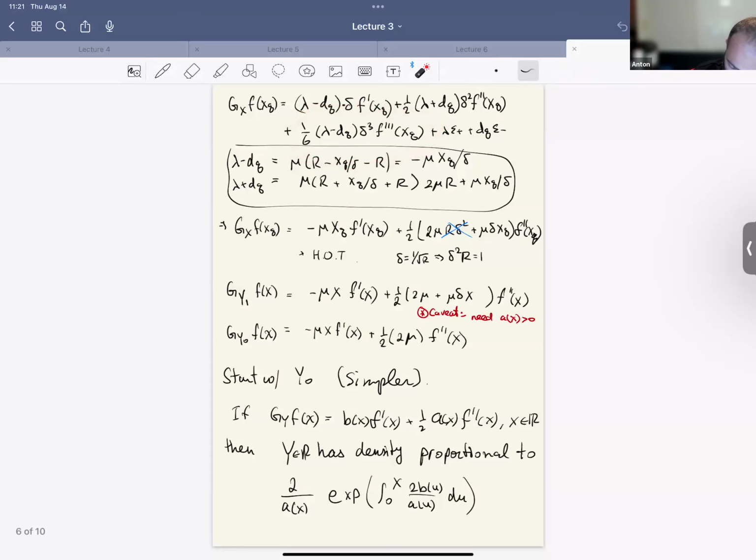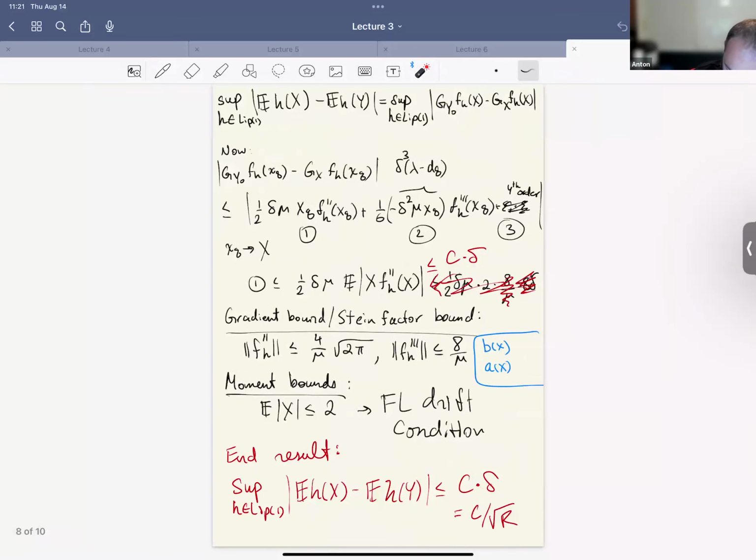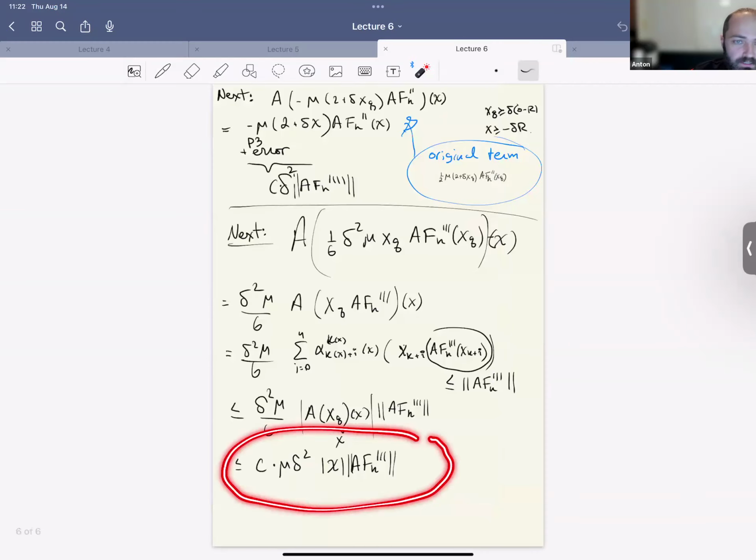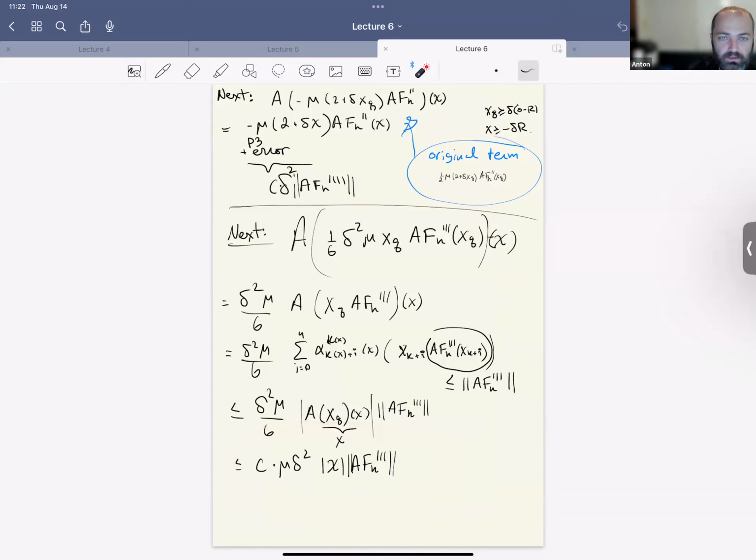And the error term, see if I can find it. This was it, right? We had 1/6 delta squared mu. We had something linear in the state x, and we had the third derivative. Okay, modulo a constant, this is the same thing. That's the whole point. We've done all of this so that we can get similar looking error terms.